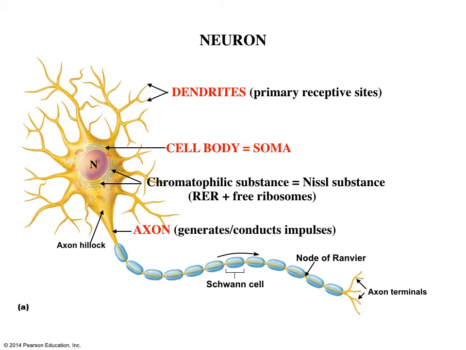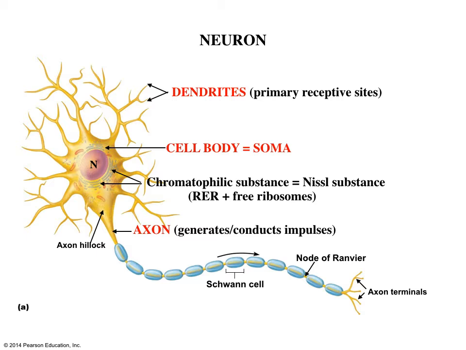If you take a look all the way down the end of this axon, you will note that it ends up with axon terminals. Those are the structures that actually form the synapses. If you recall from our discussion of the neuromuscular junction, that would be essentially a synapse between the axon terminal of a motor neuron and the muscle fiber that it innervates.